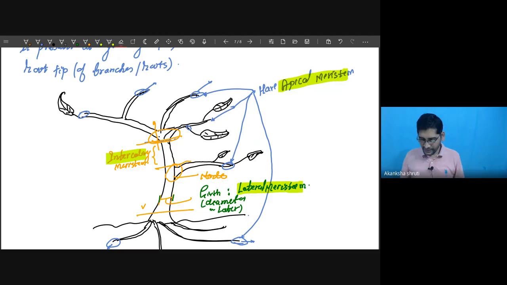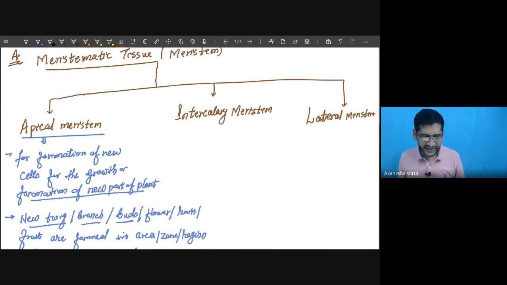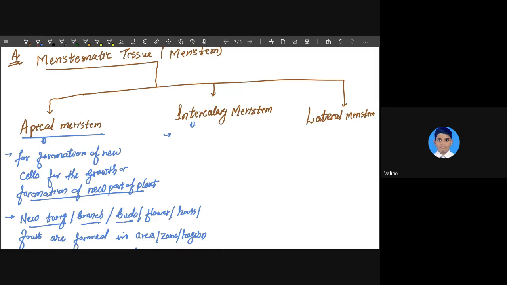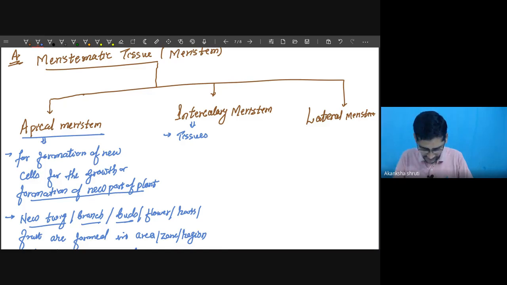Okay, so I had already explained apical. Now let me go to the intercalary. Students, what is this intercalary? It is the tissue that is made for growing the nodes. Good. So these are tissues for increase in length of the stem or the branch.